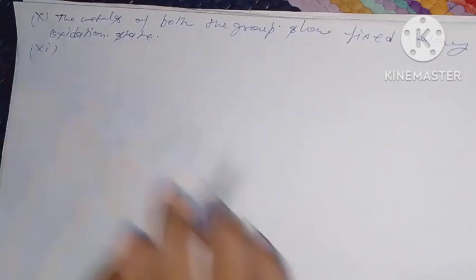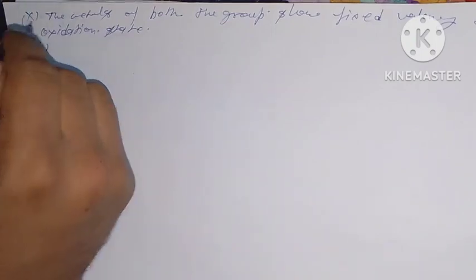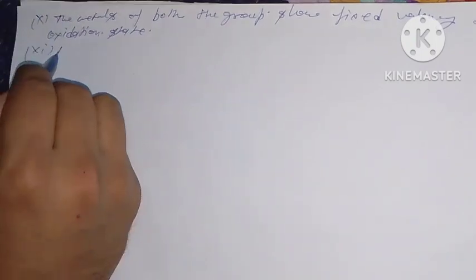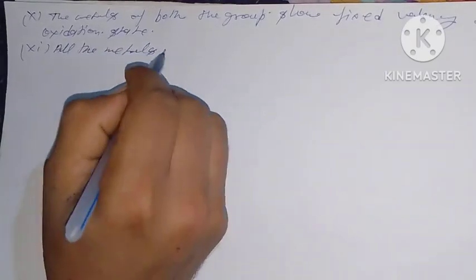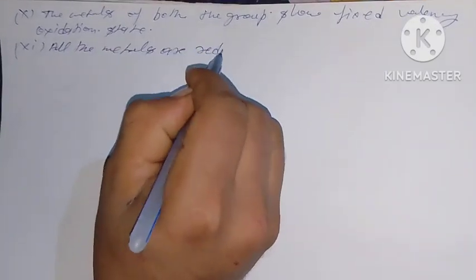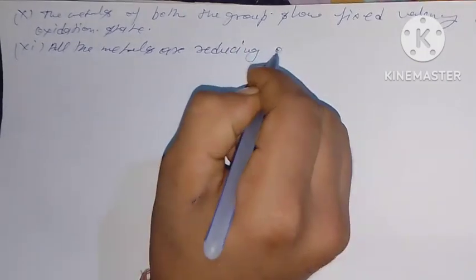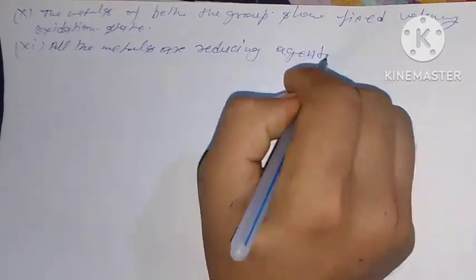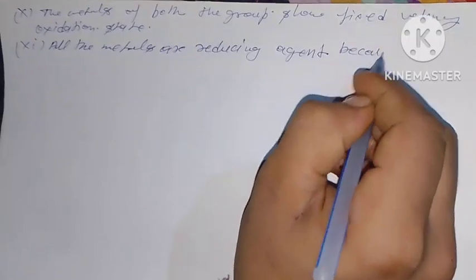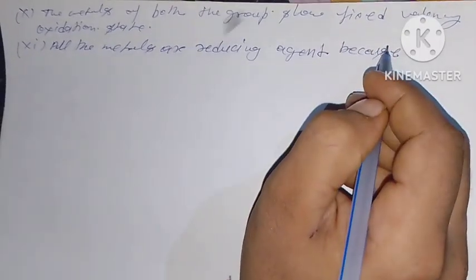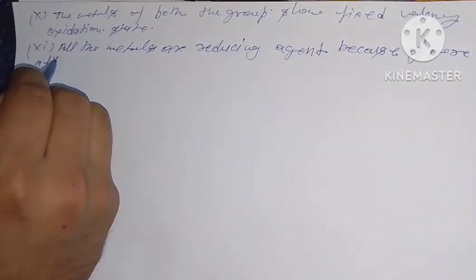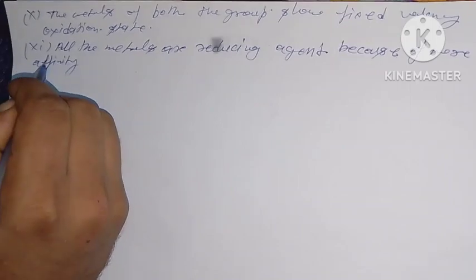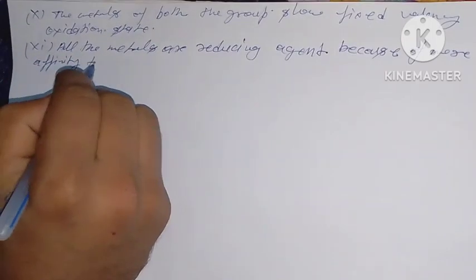All the metals are reducing agents because of more affinity towards oxygen.